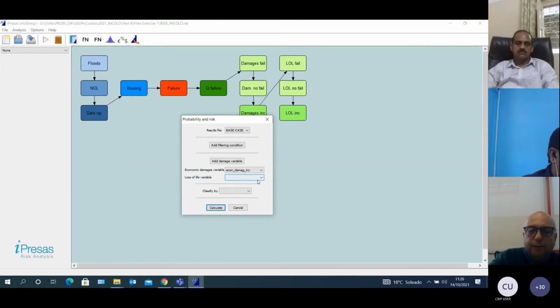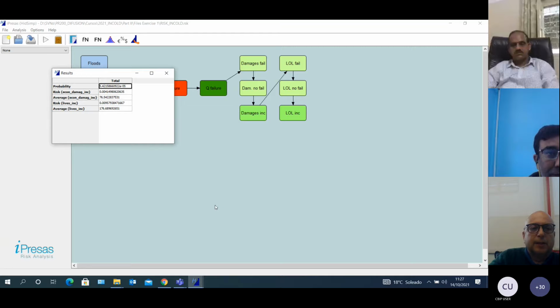And for loss of life, we need to select lives incremental. So econ damage incremental, which was calculated by the software in the box that I'm pointing out with my mouse, and lives incremental, the same. And then we say, don't need to classify by anything, say calculate.